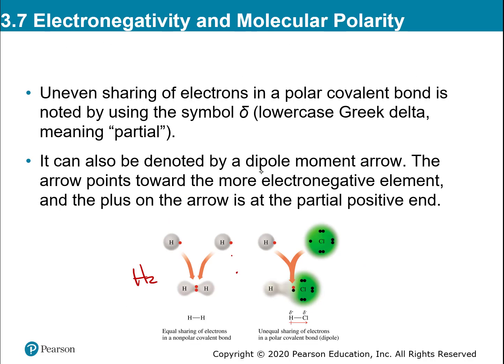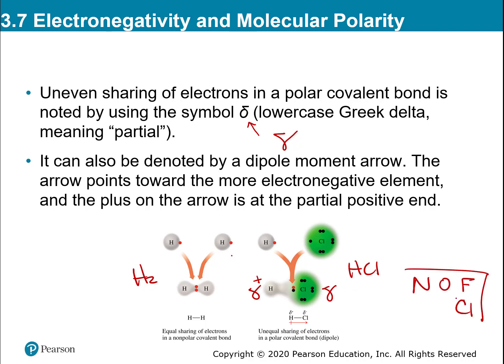But if I look at HCl next to it, do you see how the electrons that are shared are pulled over to the chlorine? Remember that those dots are negatively charged. So now I've got more negative electrons around the chlorine compared to the hydrogen, and that is why they use the symbol that they use. Mine always looks kind of like that. It's really hard for me to draw.